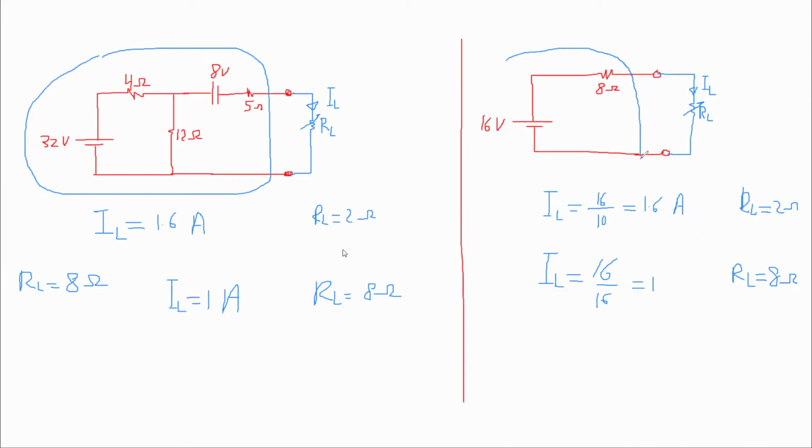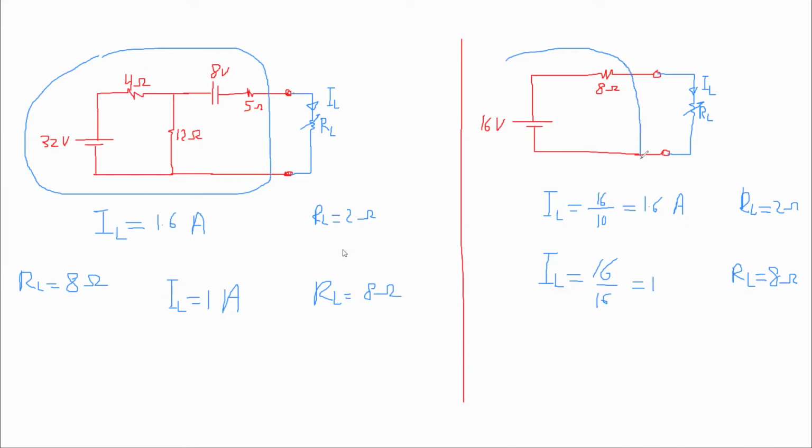We call them R Thevenin and E Thevenin. So lesson 5 is called Thevenin equivalent circuit, which is basically a simple circuit of a source and resistance. And this circuit is equivalent to a big circuit.